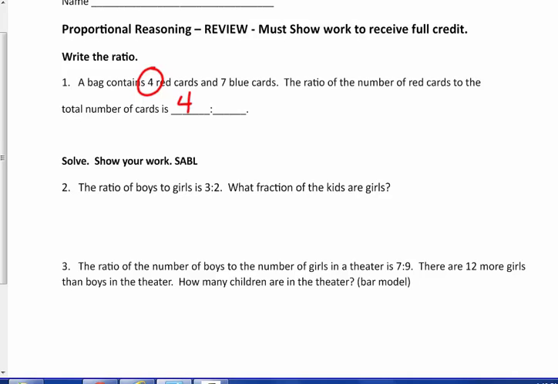To the total, it doesn't say red to blue, it says total. So it is not 4 to 7. Read carefully. It's red to total. So the 4 comes first. The total would be adding the 4 and the 7 together to get 11. So the ratio of red to total is 4 to 11.